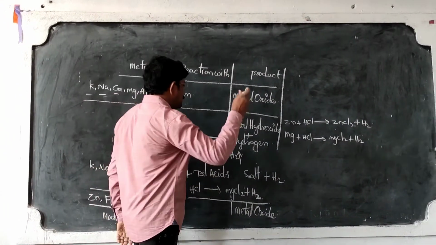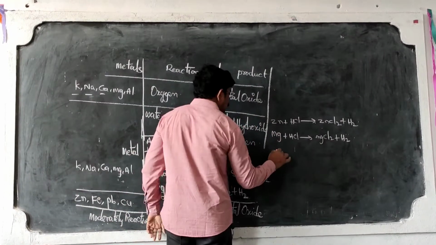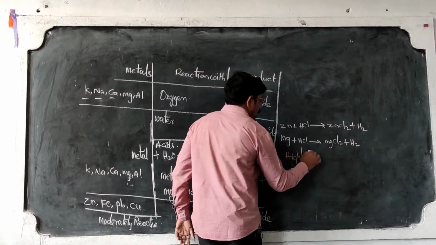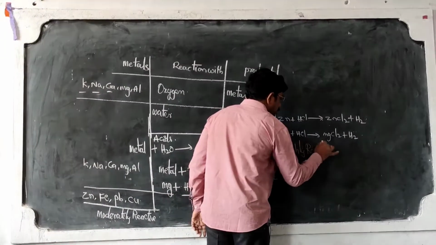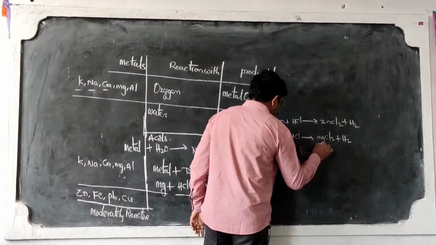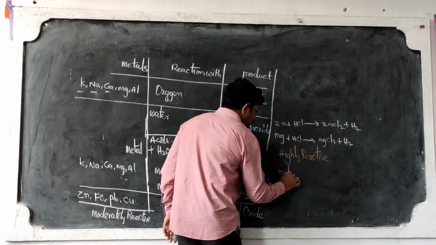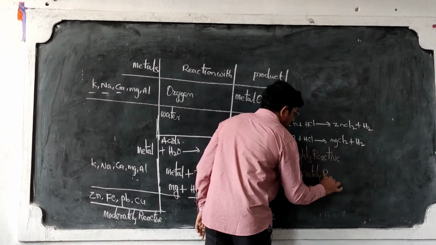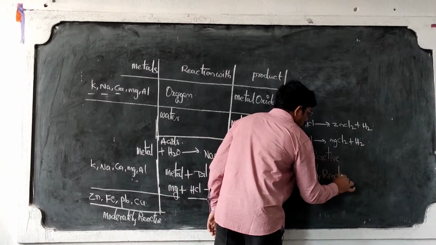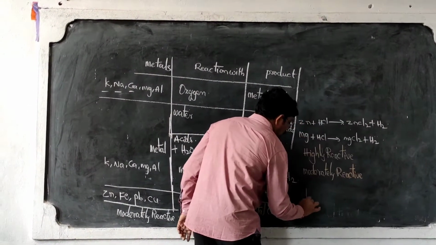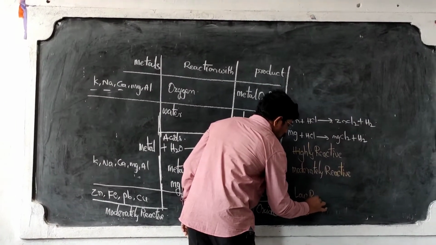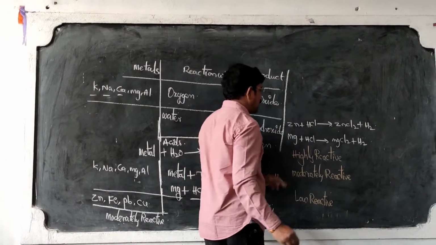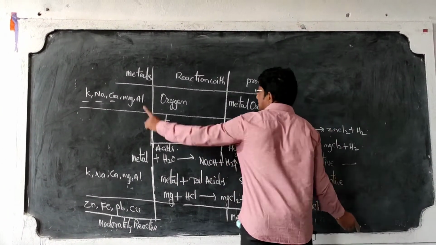So all the known metals are kept like this: highly reactive, next moderately reactive, low reactive. Highly reactive, what are the examples for that one?